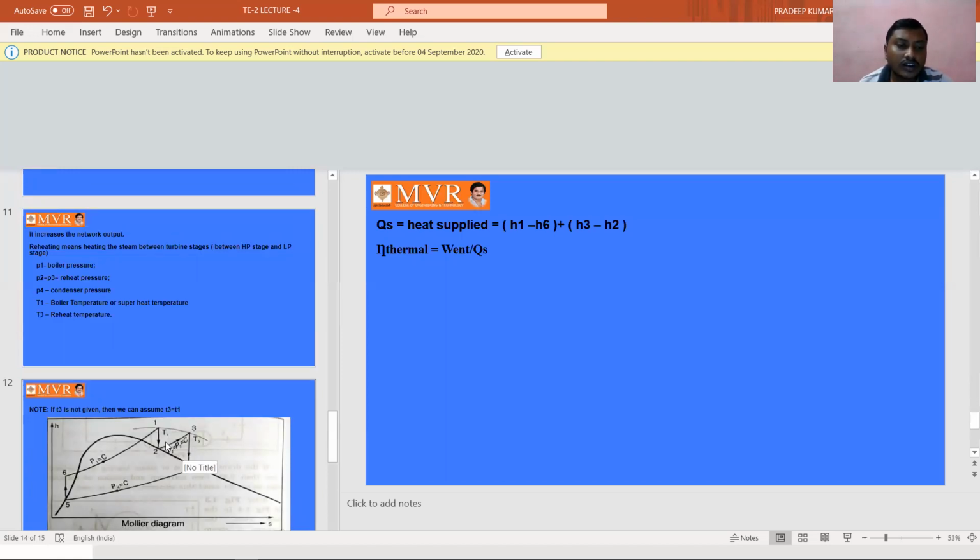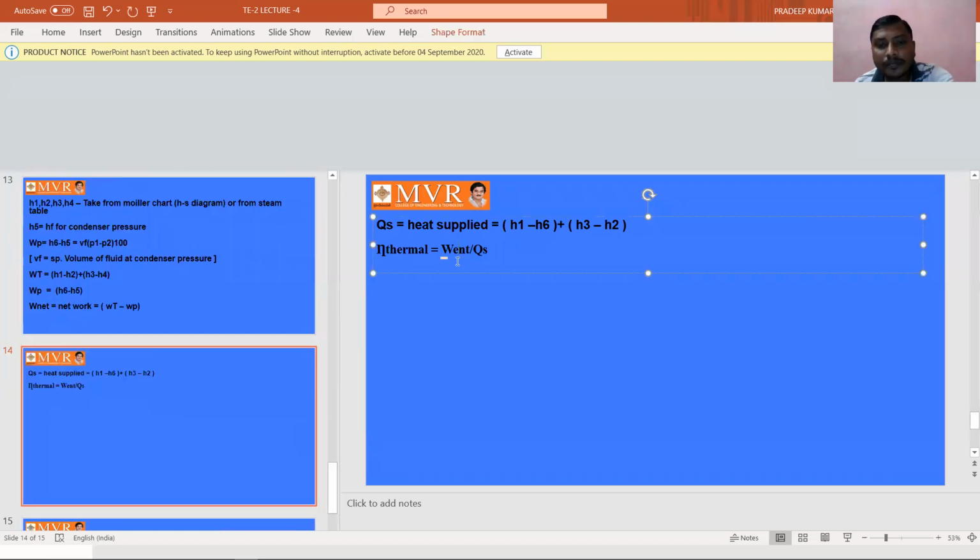What is happening here is that from 1 to 2 some expansion takes place, and reheat is done from 2 to 3, meaning some heat has been supplied here. For that we take H3 minus H2 also. Therefore, the net thermal efficiency is W net by QS, where QS is the heat supplied.